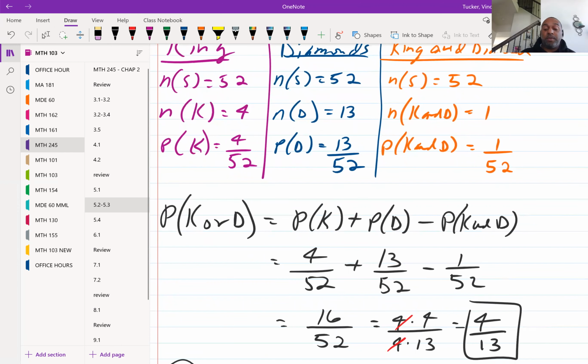They both have 4 in common, so we cancel out the 4s and that'll leave us 4 over 13. All right, any questions? Any questions?